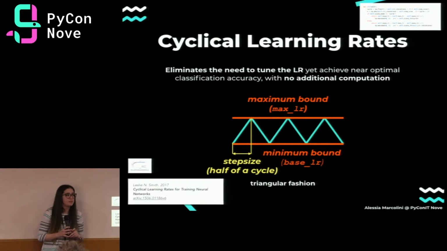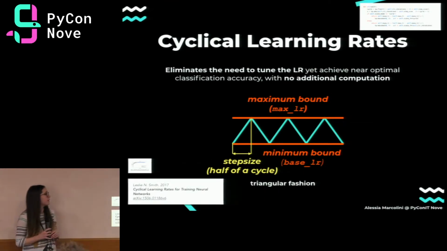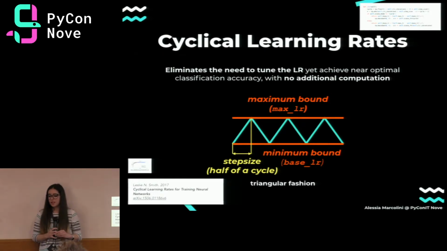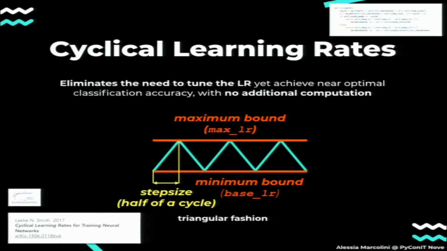A very useful insight I found out following the online course Fast AI as an international fellow, taught by Jeremy Howard and Rachel Thomas, was this technique called cyclical learning rate. Basically, it eliminates the need to tune the learning rate and achieves optimal classification accuracy with no additional computation.